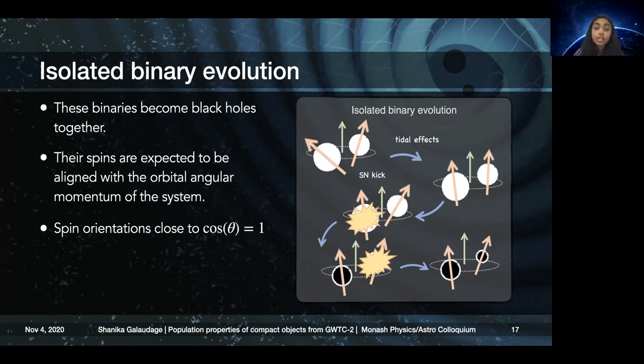These spins become aligned over time due to tidal effects, and they evolve and eventually merge after they've become black holes. So we expect the cos theta of their spin orientations to be 1, where theta is the angle between the orbital angular momentum and the spins of the black holes.